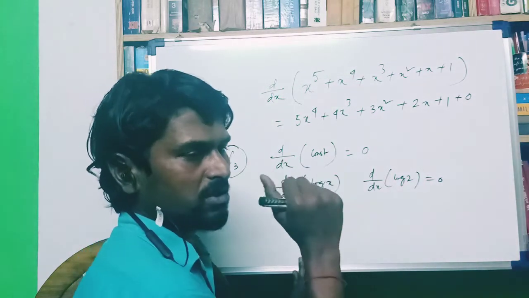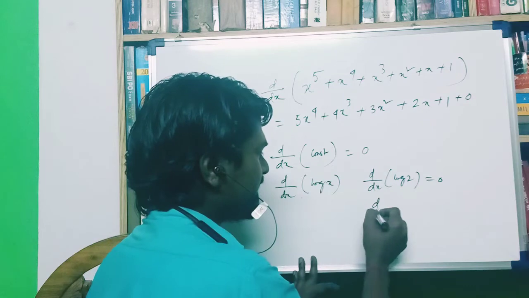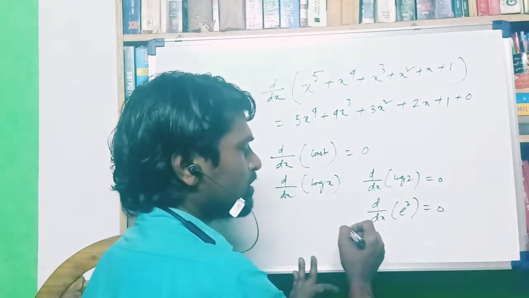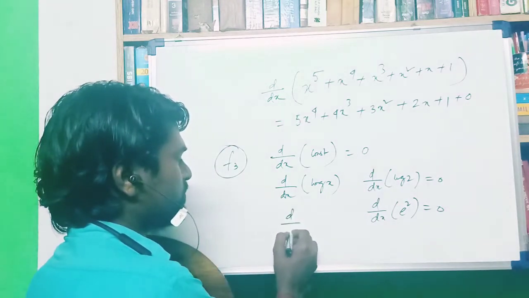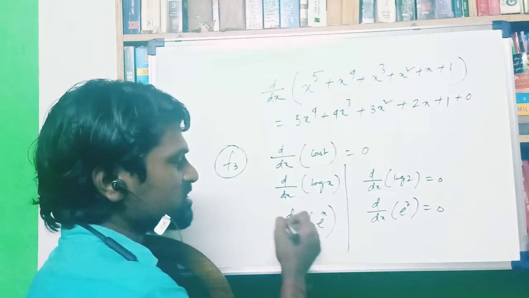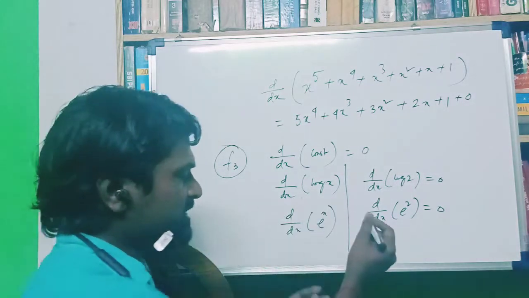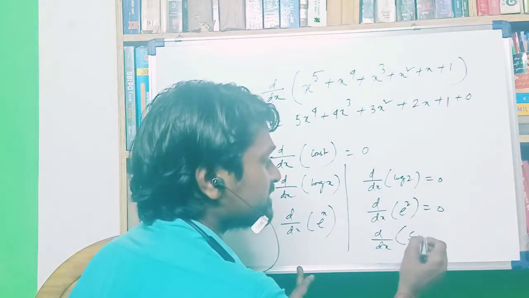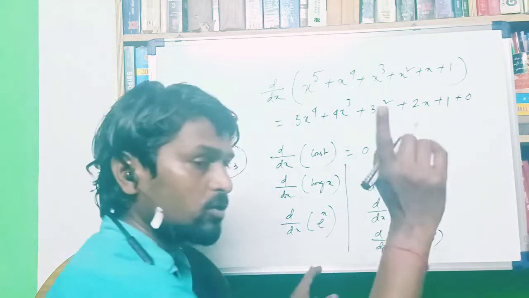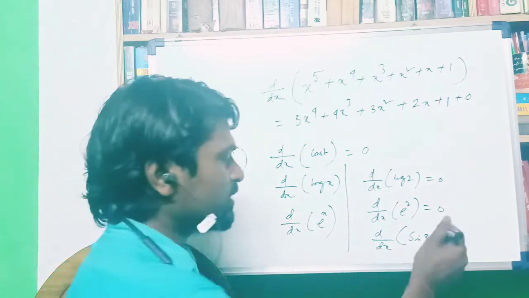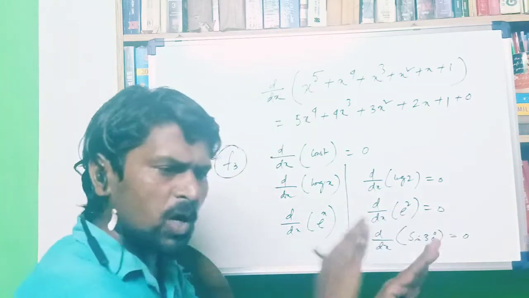Similarly, d/dx of e to the power 2 means 0, but d/dx of e to the power of x is an exponential function. d/dx of sine 30 degree: you all know that sine 30 equals half. So d/dx of half equals 0, because this is a constant, not a function.